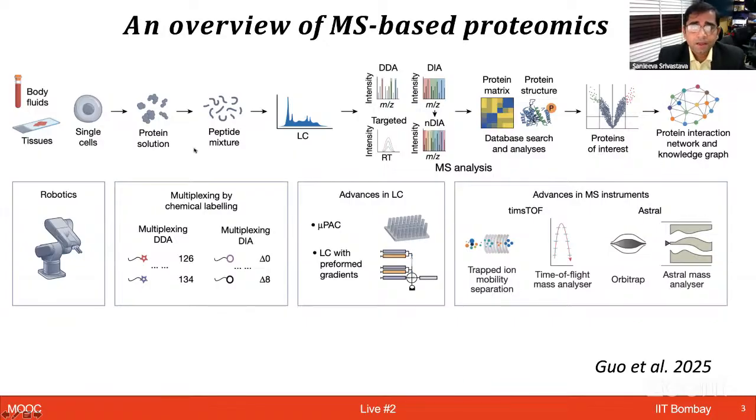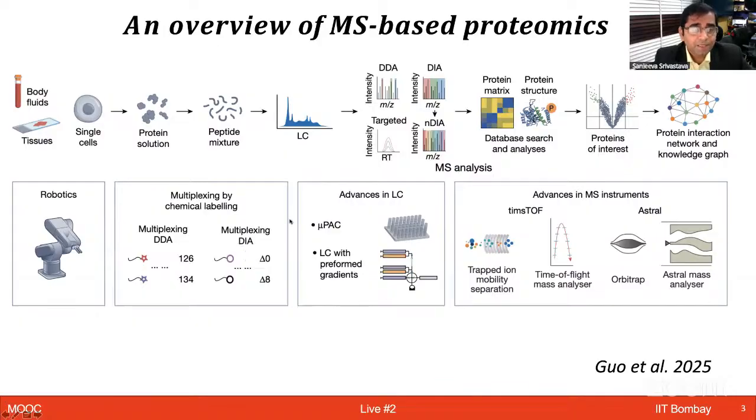Yeah. So at each level, a lot of automation and a lot of advancements are happening in this new field of mass spectrometry-based proteomics, where a lot of robotics is being utilized to increase our throughput for the sample prep and looking at different ways of speeding up the process and bringing more reproducibility.